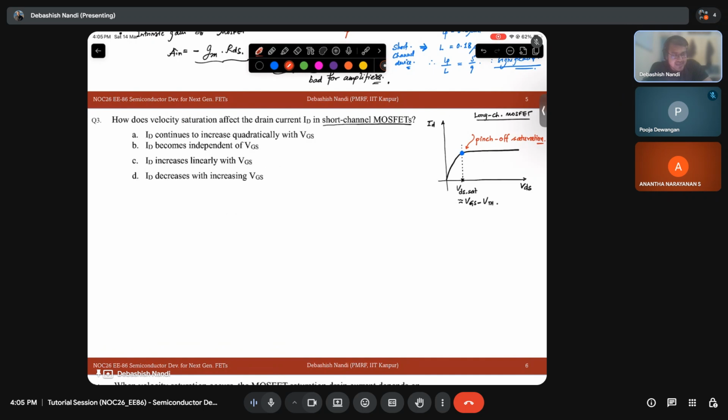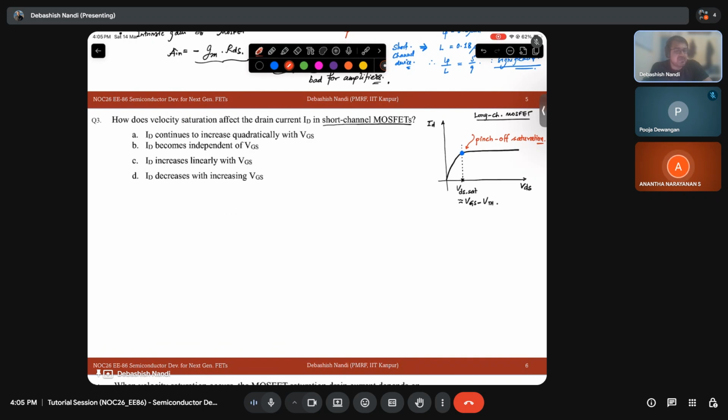At that point, I have effectively no inversion charge. Although there will be some inversion charge, it will be very little, so effectively we assume that there is no inversion charge.